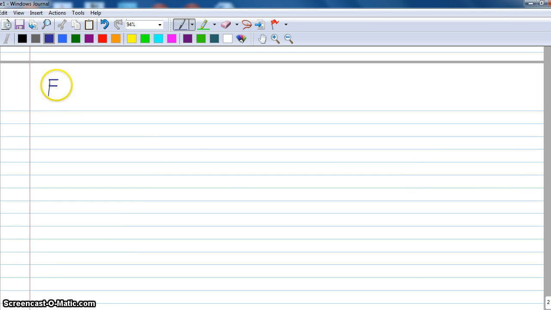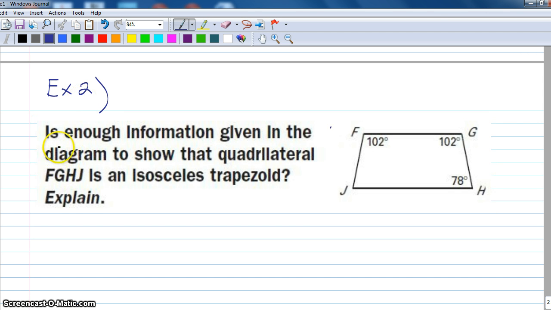Alright, so example 2. Is enough information given in the diagram to show that the quadrilateral FGHJ is an isosceles trapezoid? Is this a trapezoid? Yes, it is. Is it isosceles?